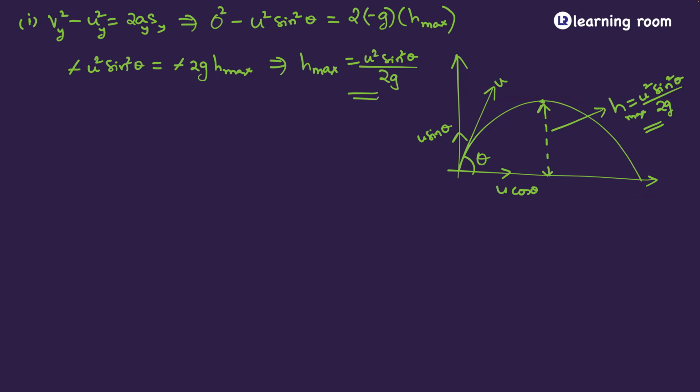So this is the way we derive this expression. Now, can we try to derive the same thing using some other logic? Can we try to derive the same thing with the help of energy conservation?